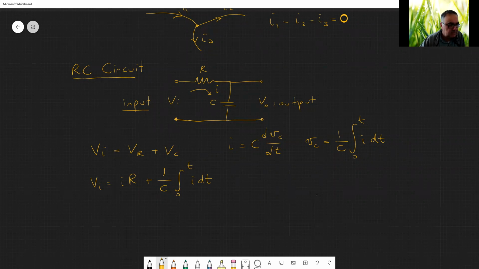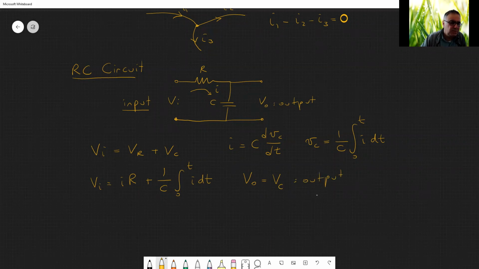That is our aim. The I term is an intermediary, and we would really like to express everything in terms of VO and VI. As a matter of fact, VO is equal to VC, the voltage across the capacitor. This is the output. But how do we do it?